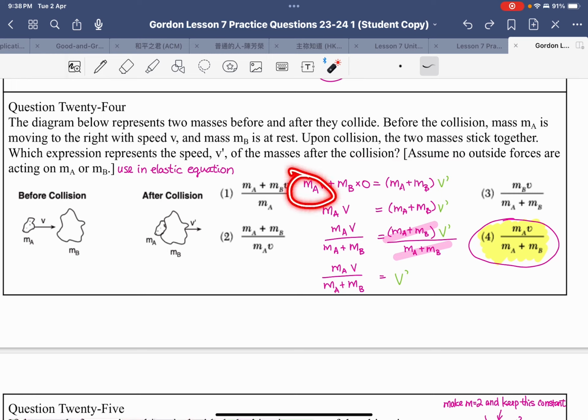This is mass of object A. This is mass of object B, right here. This is the initial velocity of mass 1. And this is the initial velocity of mass 2. And because it wasn't moving, it's stationary, so it's 0.